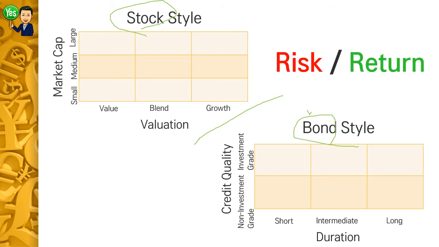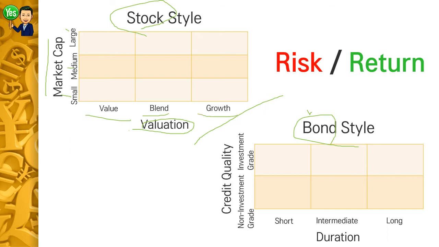Among the stock styles, you see the market cap, the size of the company: small, medium, large. And then the valuation, expensive or less expensive company, so value, blend, growth.